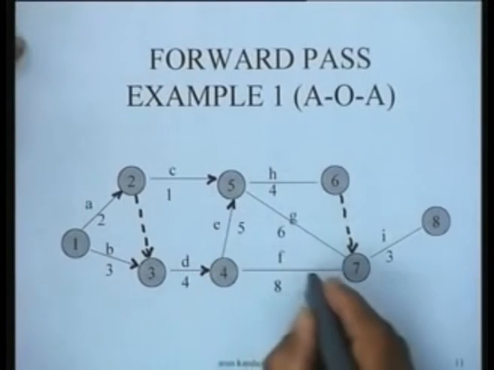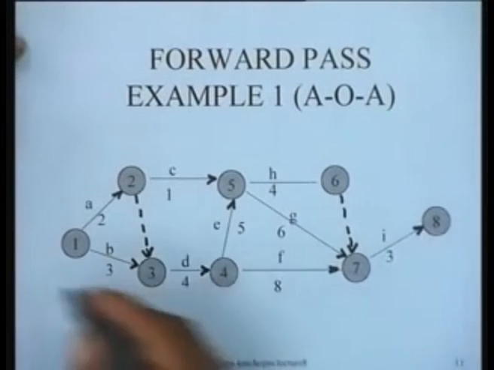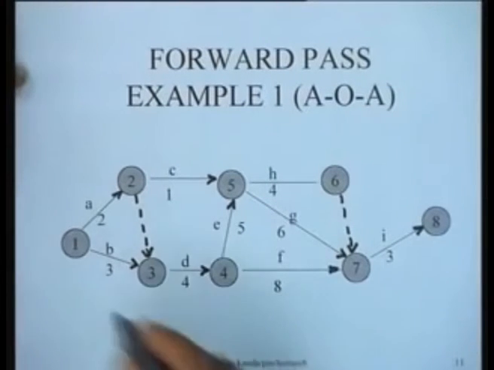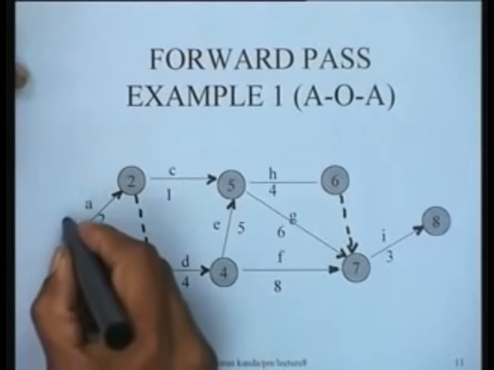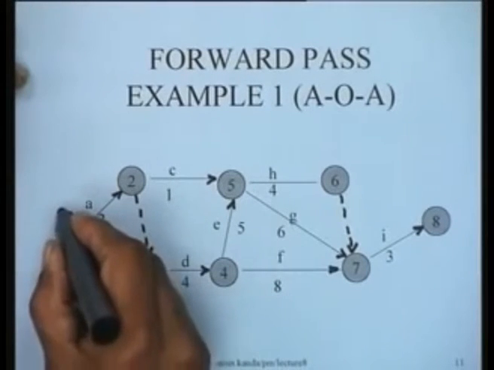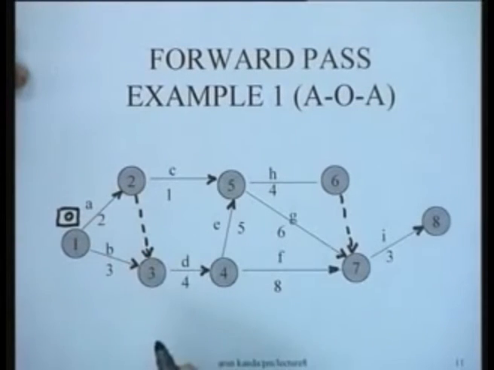Let us do a forward pass and try to estimate the node time. So the initialization step would be, there is only one source node, so we give a starting time of 0 to this node. So the earliest occurrence time of this node is 0.